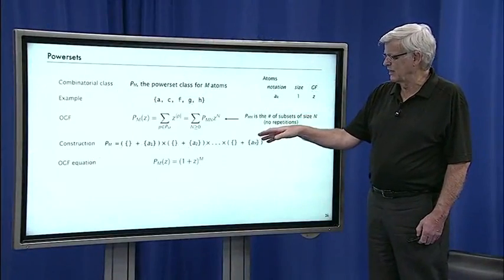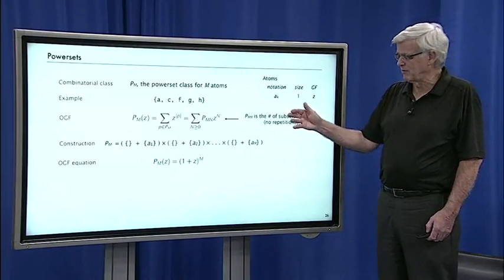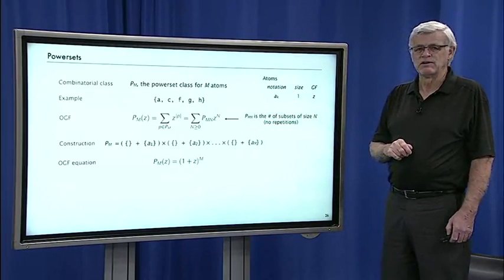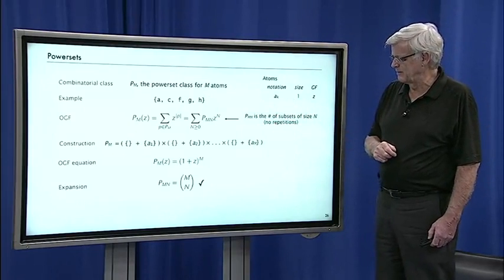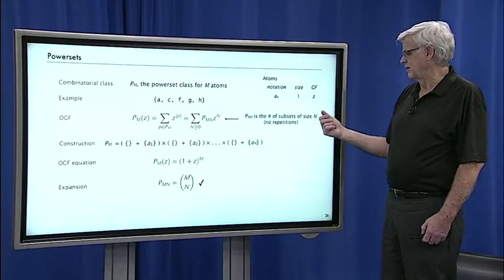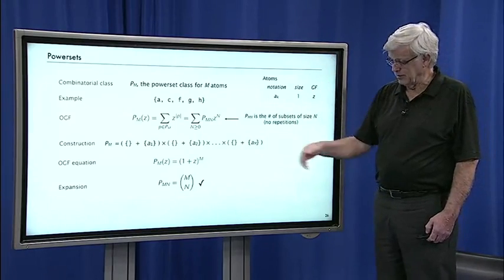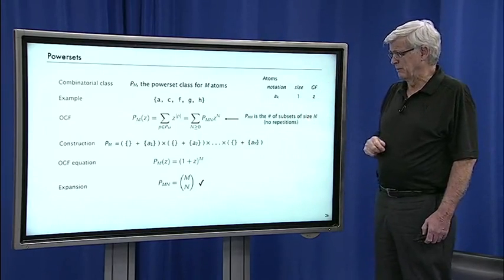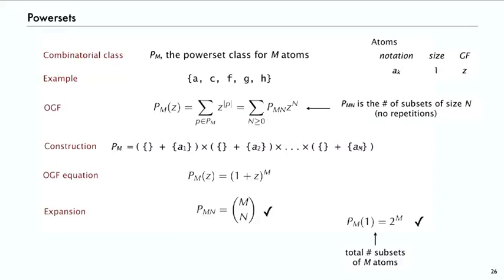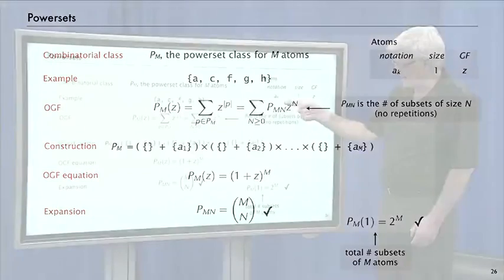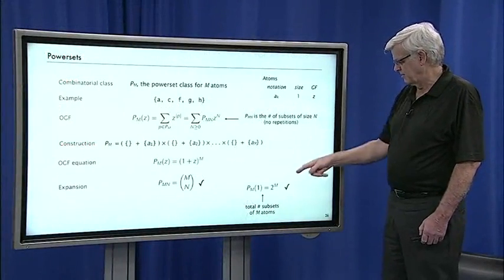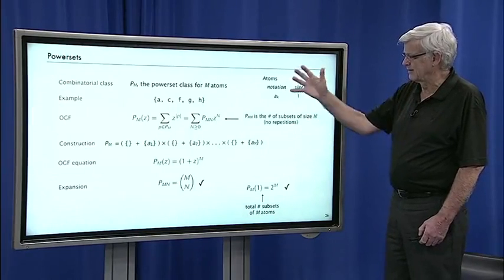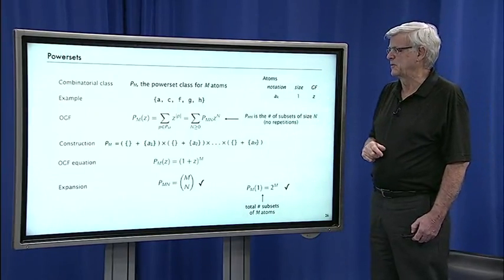Since the generating function of each one of these is 1 plus z, and there's m of them, that immediately gives the OGF equation P_m(z) equals (1 plus z) to the m, or the expansion, the number of subsets of size n of m items is m choose n, which is familiar in elementary combinatorics. So that's power sets. If you take P_m(1), that's the total number of subsets of m atoms, that's summing on n, P_mn, and that's just 2 to the m. So again, that's going to confirm elementary combinatorics.